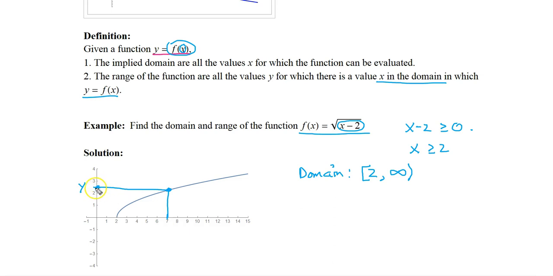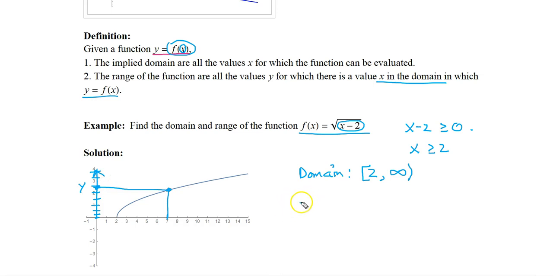So all the numbers where we can draw a horizontal line over and hit the graph are going to be the numbers that comprise our range. Well, we can see from the graph of this function that all of these numbers are in the range. Or basically, our range goes from 0 all the way up to infinity.